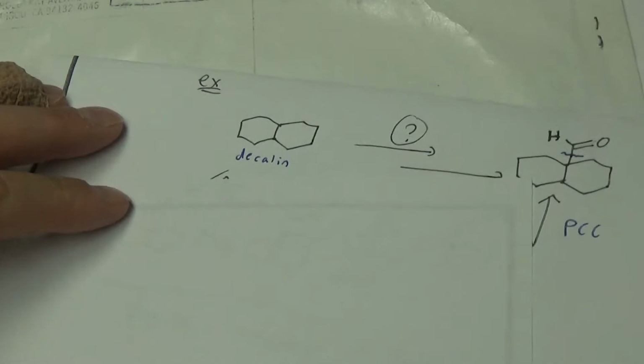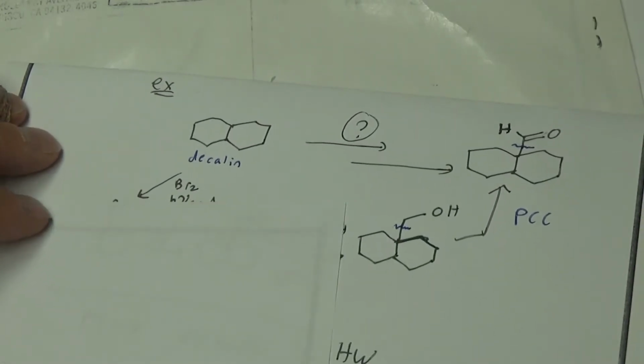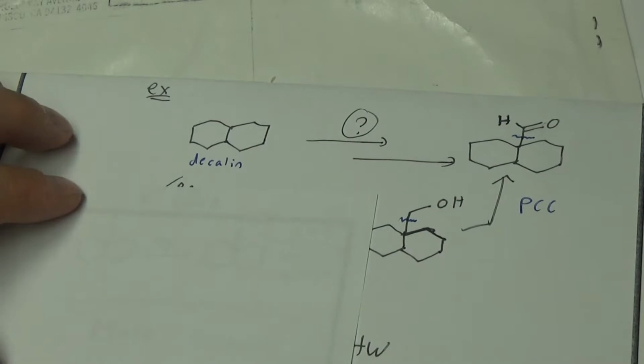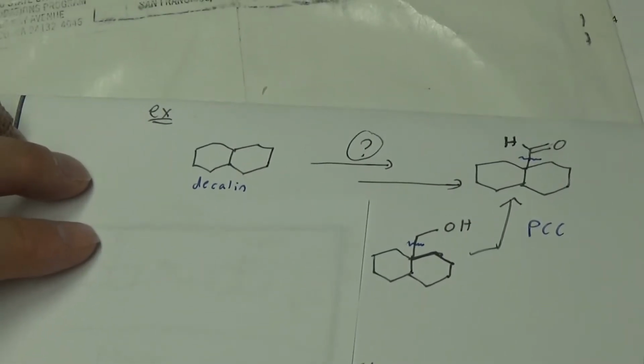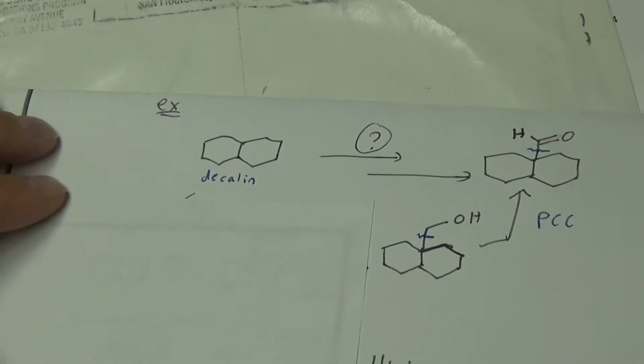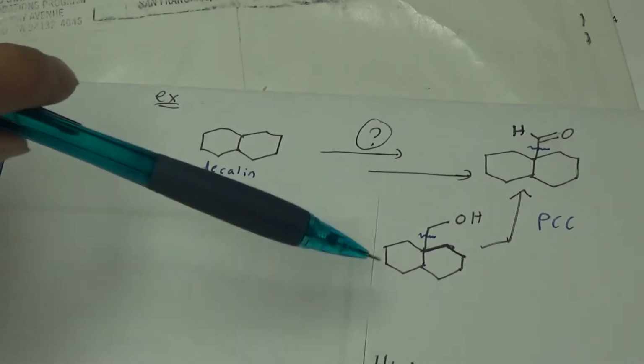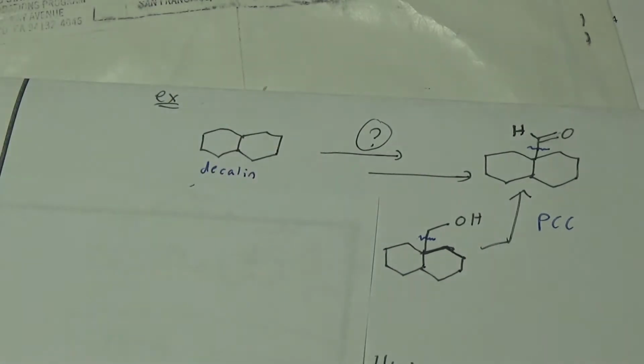We're like, oh yeah, PCC, okay, and then we think, okay, there's the primary alcohol. And now we have a way of making that primary alcohol. It's a CH2, a single carbon. So we can attach that single carbon to make the primary alcohol. We can do Grignard. And then we think, what are the different kinds of electrophiles in a Grignard reaction? Either ketones, which make tertiary alcohols, aldehydes, which make secondary alcohols, or formaldehyde, which makes a primary alcohol.